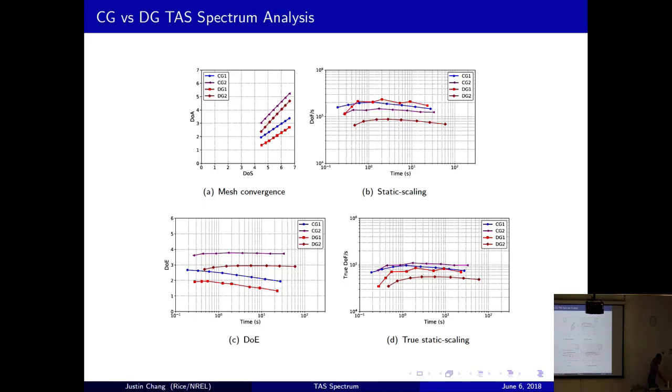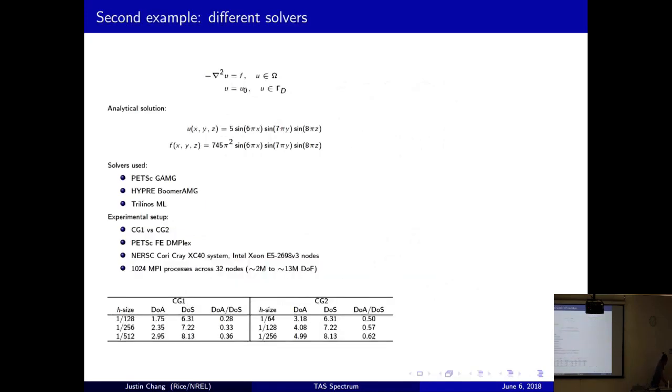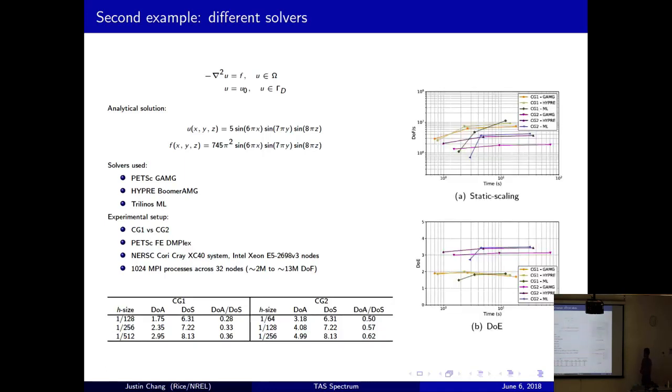Okay. And so for the second problem, we are looking at, again, the Poisson problem, but now we're going to look at really, really large problems, from 2 million degrees of freedom to 13 million. We're using 1,000 MPI processes. We're using the PETSc DMPlex data structure. And so, again, we look at static scaling.